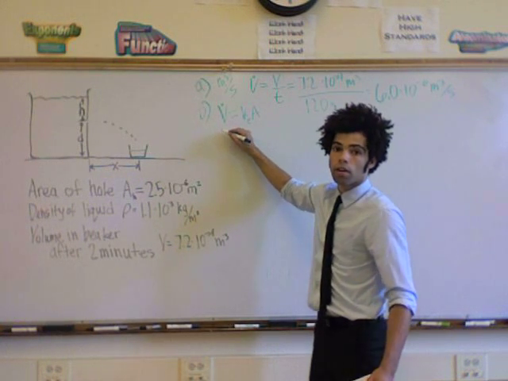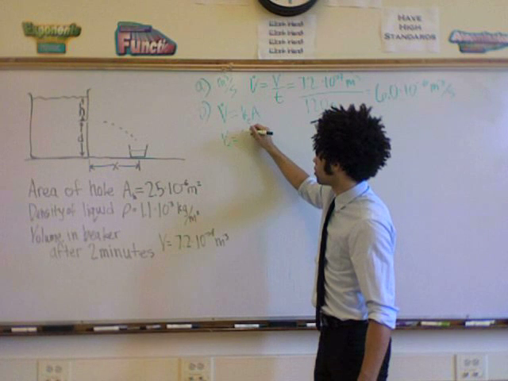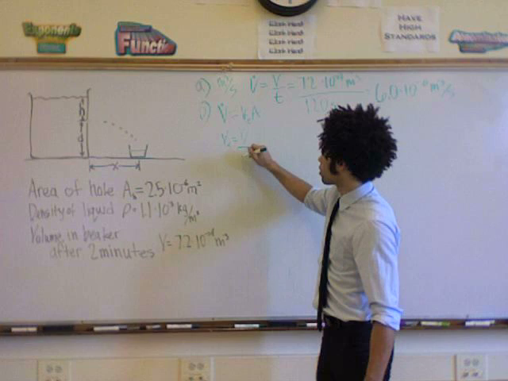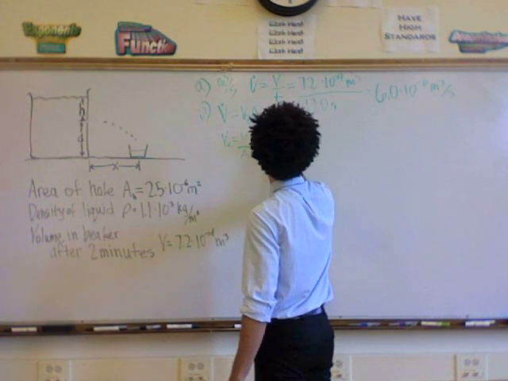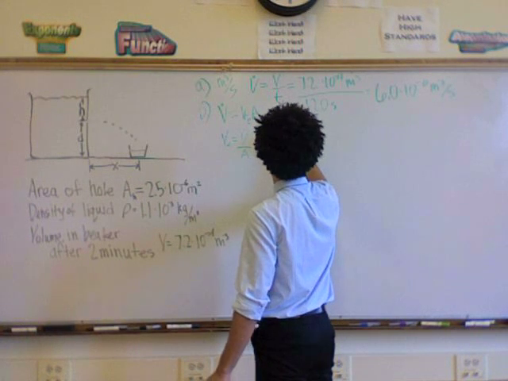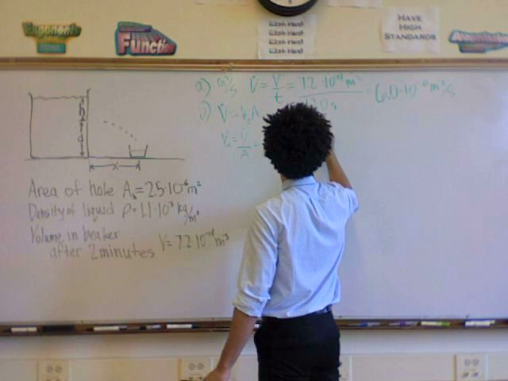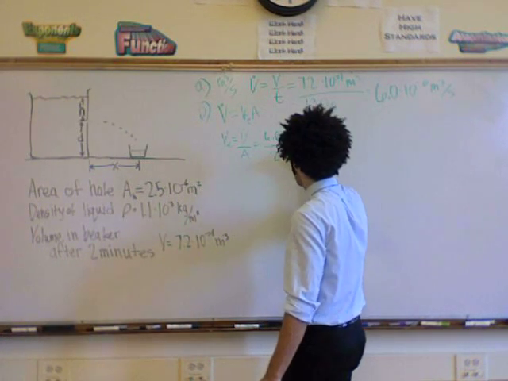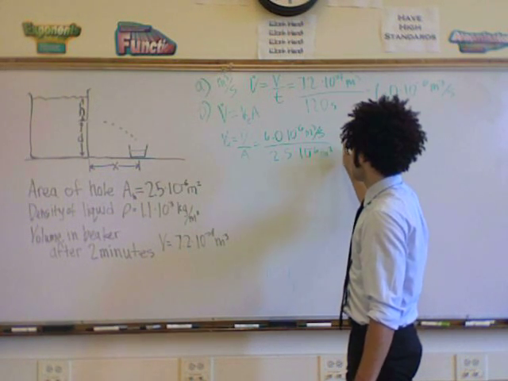Perfect. Now, we want our exit velocity. So resolving for our exit velocity, we have v exit is equal to volumetric flow rate over our area. Plugging in, we have 6 times 10 to the negative 6 meters cubed per second over 2.5 times 10 to the negative 6 meters squared.